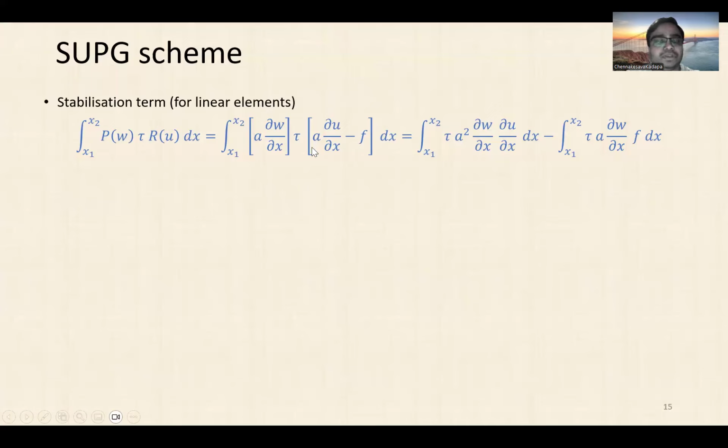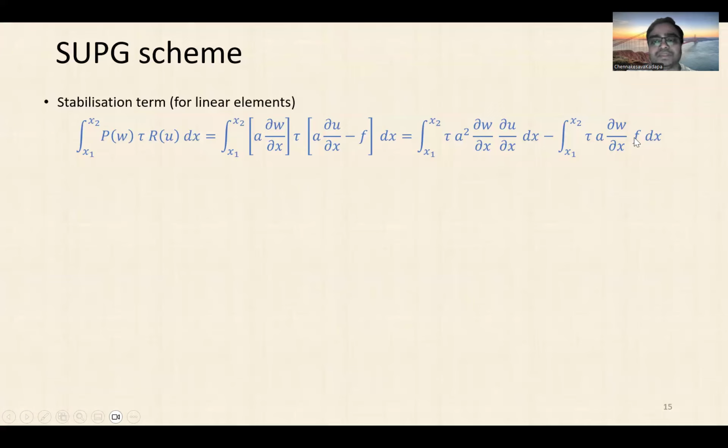Now here we have two terms, A dou U by dou x minus F, and once we apply this to both terms, we can write it in this fashion. So we have tau A square dou W by dou x dou U by dou x, minus tau A dou W by dou x multiplied by F, dx.